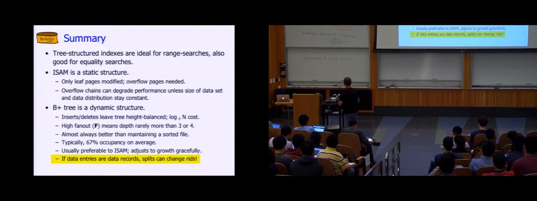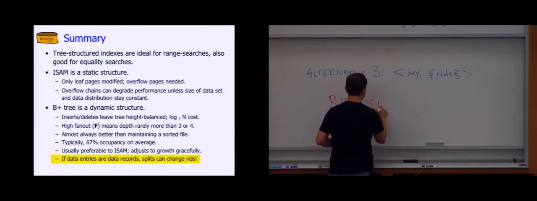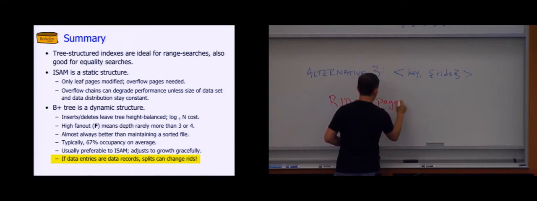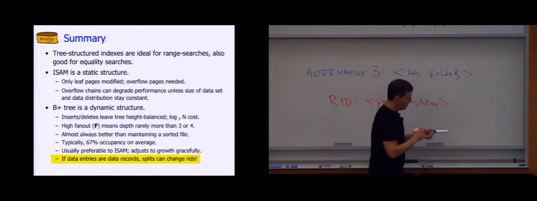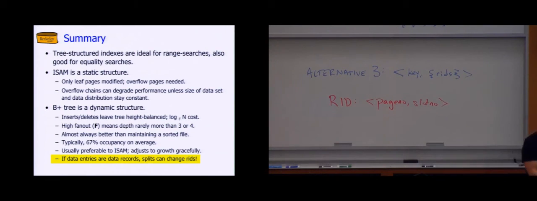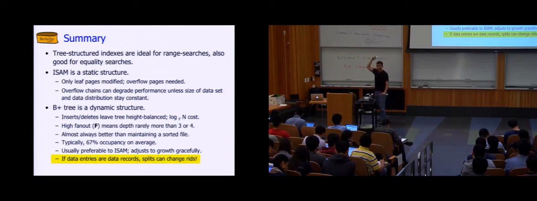So let's remind ourselves of that. RID is of the form page number, slot number. So if you split a B tree in alternative 1, things change page numbers, which means the record IDs change, which means all pointers into that alternative 1 B tree have to be updated upon the change, which is expensive.